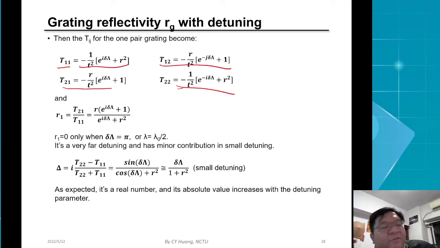The reflectivity for one pair is T21 divided by T11, which is r times exponential i delta lambda plus 1, divided by exponential i delta lambda plus r squared. When does R1 become 0? It becomes 0 when this term becomes minus 1, so delta lambda is pi.